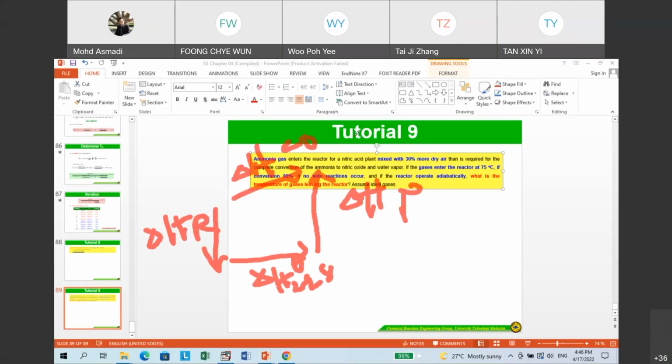This one is T2. This one is 75 degrees. Okay, so you have to find T2.